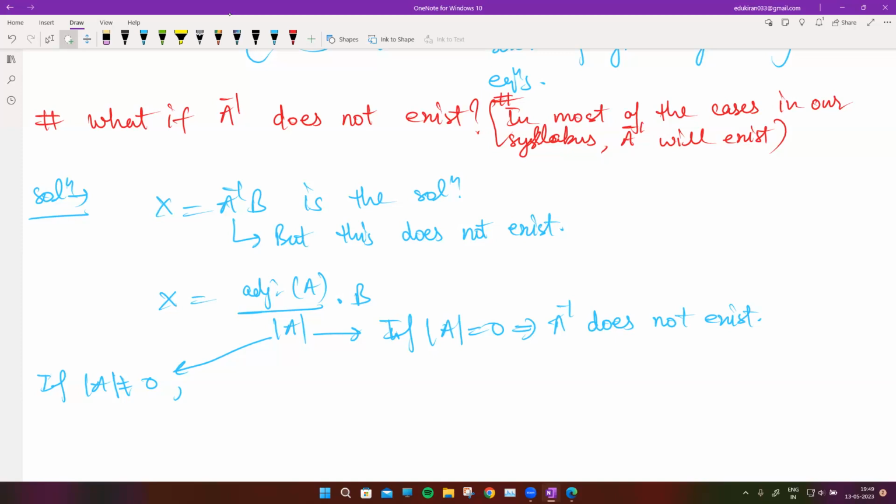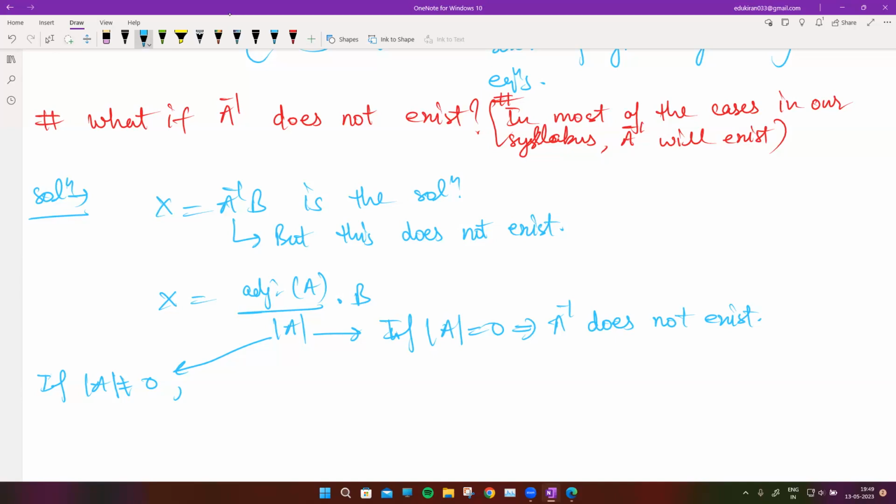In this case, the determinant will not be 0. A inverse will exist. So in all such cases, when the determinant of A is not equal to 0, you will definitely get a value of x. Because you have A inverse, you have B. You will multiply them, you will get a value.